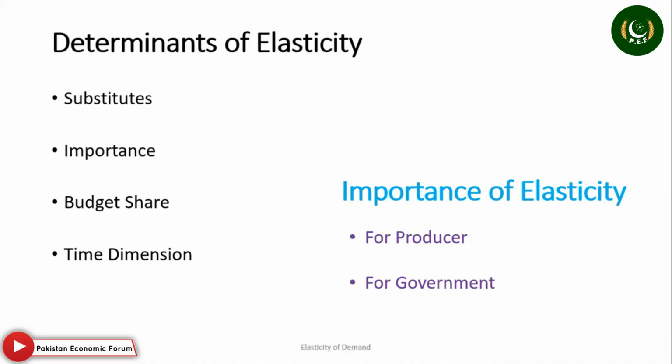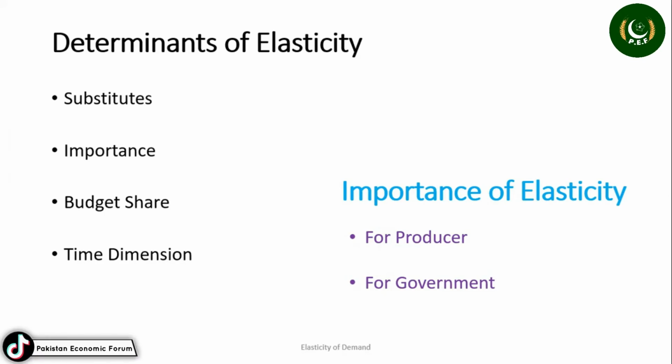If the elasticity of demand in different markets is different, then the monopolist may change the price of its product in these two markets and hence can maximize its profit. This is for the producer.